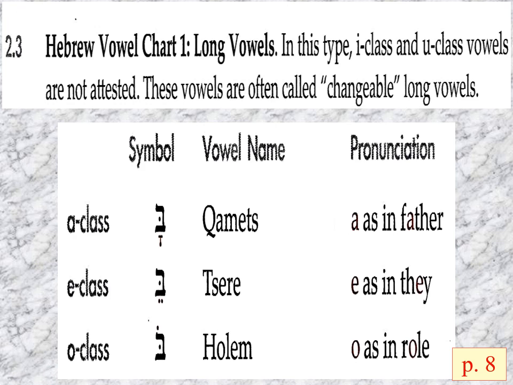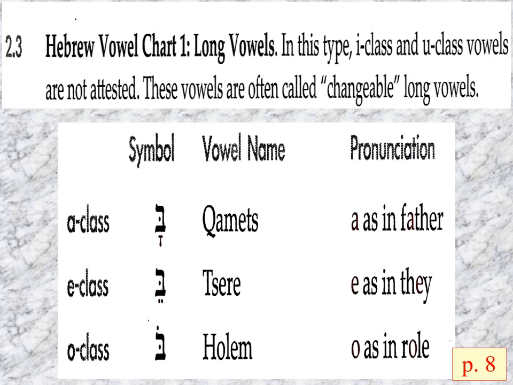For the long A class, qamets, as in father, qamets, ba, using the bet with the dagesh lene there in the slide. The long E class, tsere, a as in they, bay.